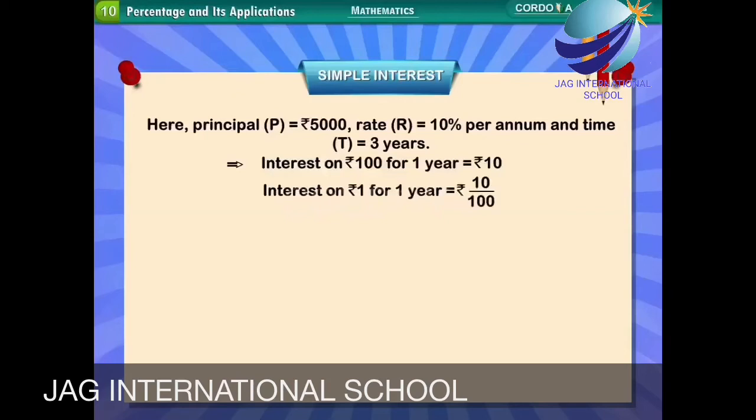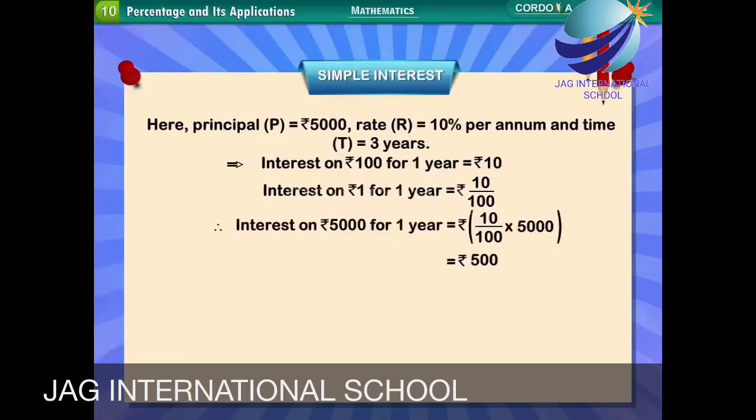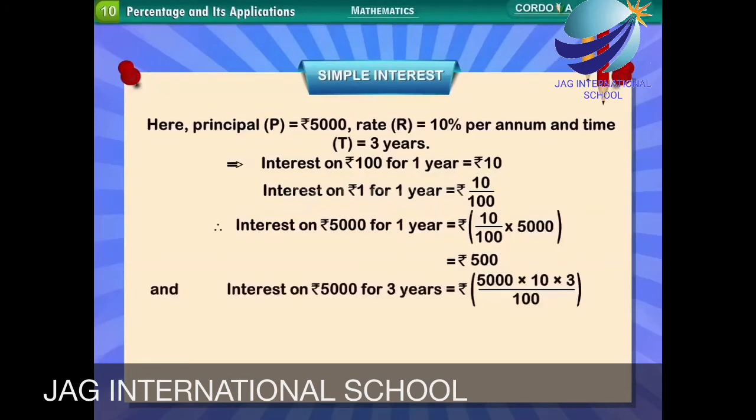Interest on rupees 1 for 1 year is rupees 10/100. Interest on rupees 5,000 for 1 year is 10/100 × 5,000 = rupees 500. And interest on rupees 5,000 for 3 years is rupees 5,000 × 10 × 3/100 = rupees 1,500.